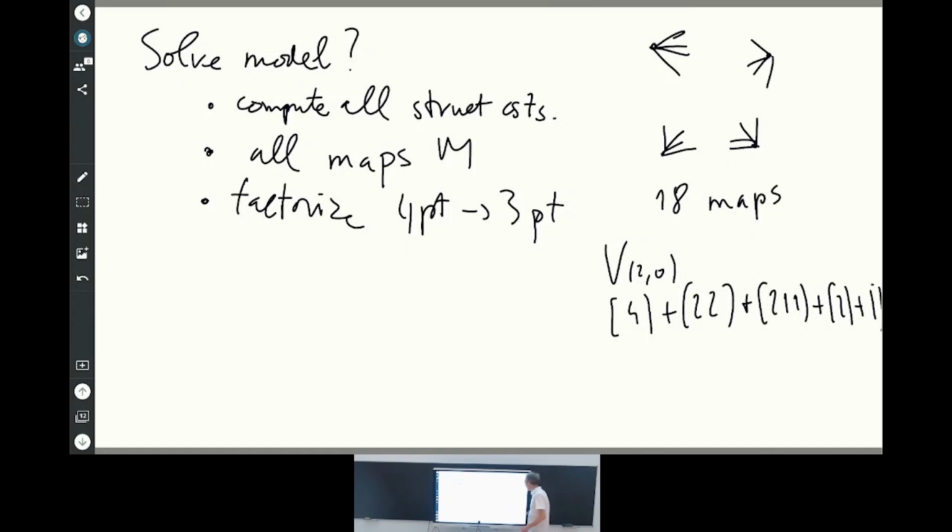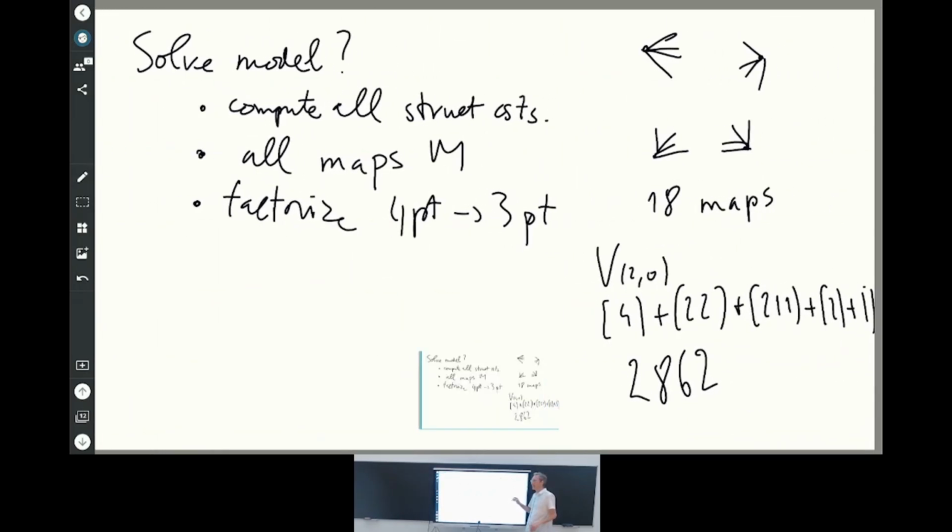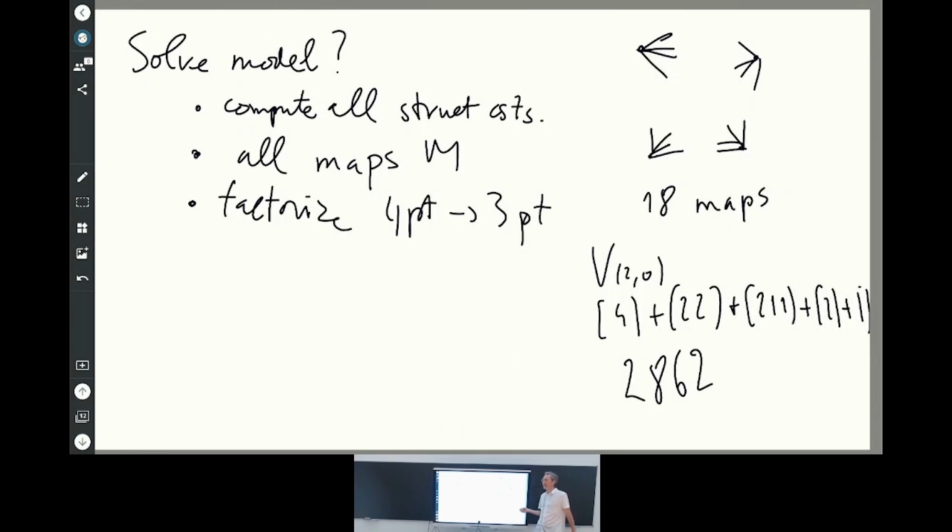And based on ON representation theory, if you look at the tensor structures for this 4-point function, you find 2,862 tensor structures. I see. So all of these should be combinations of these 18 solutions, but it's a big mess, right? And then you can do the same exercise on the Potts side, where it's also rather complicated. So we have not tried to do that. It's just complicated. I see, thanks.